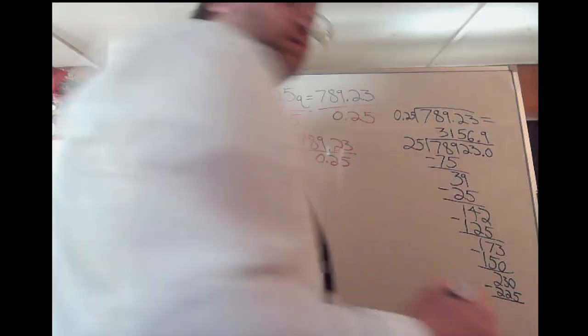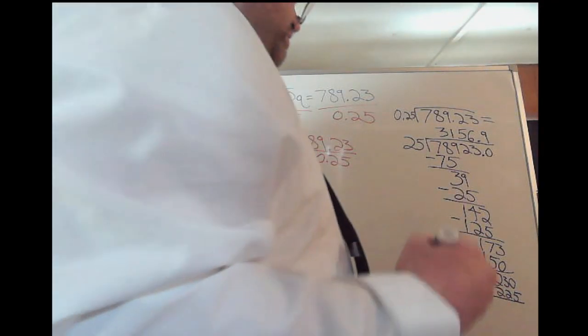Let me make sure I got everything here. Yeah, okay. 9 times 25 is 225. Alright. We're almost there, folks. 230 minus 225 is 5.